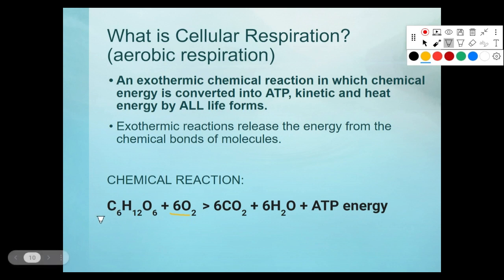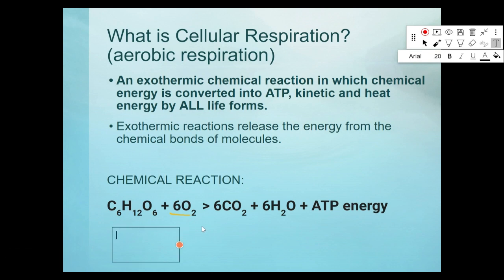And like I said, it's a reverse of photosynthesis, right? So remember photosynthesis had the glucose over here, but in cellular respiration, this is where the glucose is right here. Again, it's just kind of the reverse of photosynthesis. Then you have O2. O2 is just oxygen, right? Again, there are 6 molecules of oxygen.